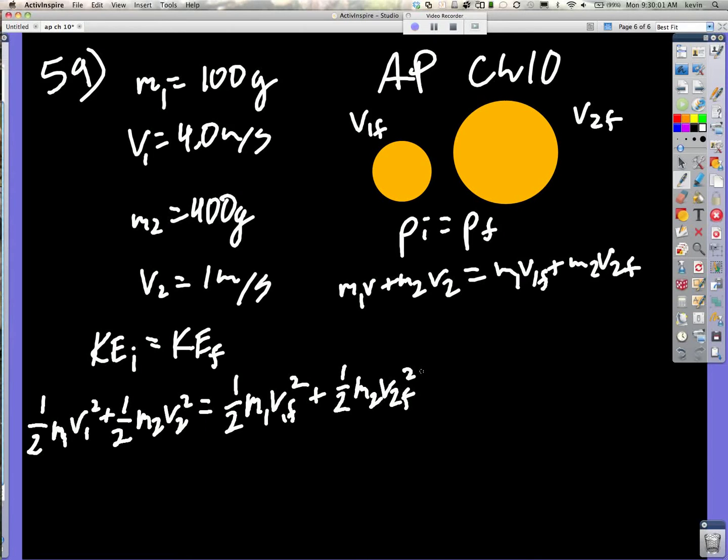Oh, the initial. And then there's another one, that's V2 final, 2M1. Is that applicable for this? Well, you get both masses, right?